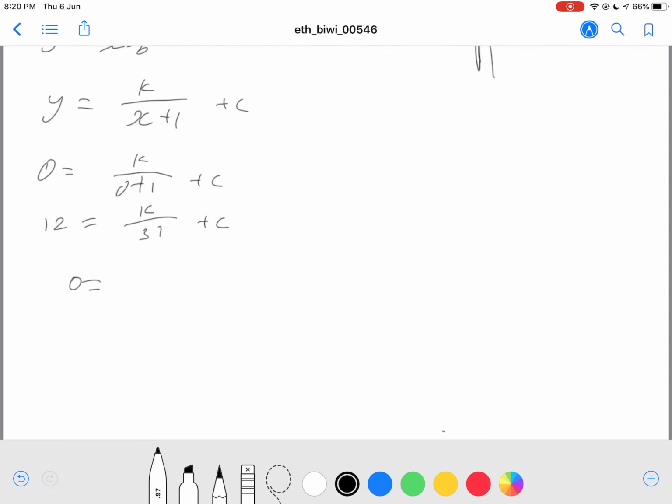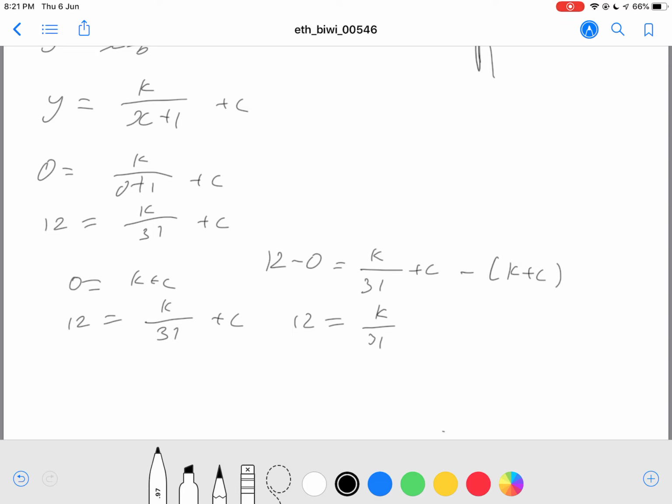So we're going to say 0 equals k plus c, and 12 equals k divided by 31 plus c. So we say that 12 minus 0 equals, oh no, wrong way, k divided by 31 plus c minus k plus c. So 12 equals k divided by 31 plus c minus k minus c.